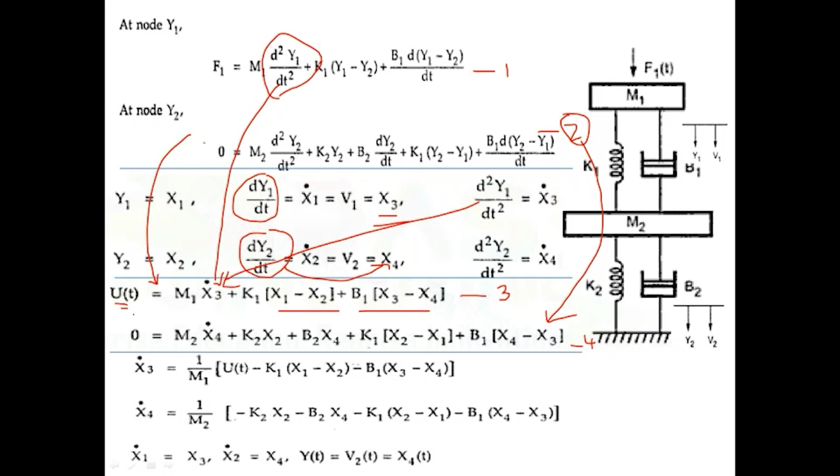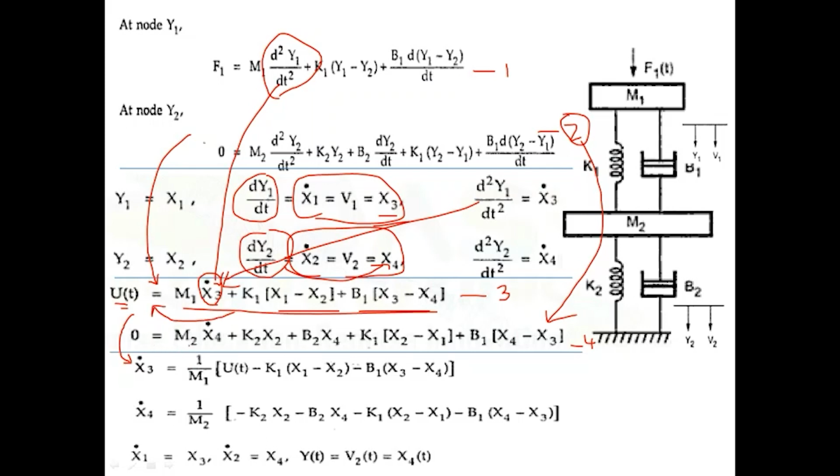From equation number 3, find x3 dot, because we already found x1 dot and x2 dot. From this expression, I can find x3 dot by sending all the parameters to the left hand side.